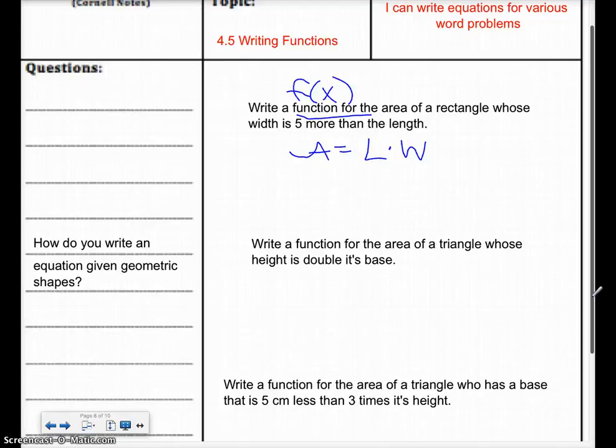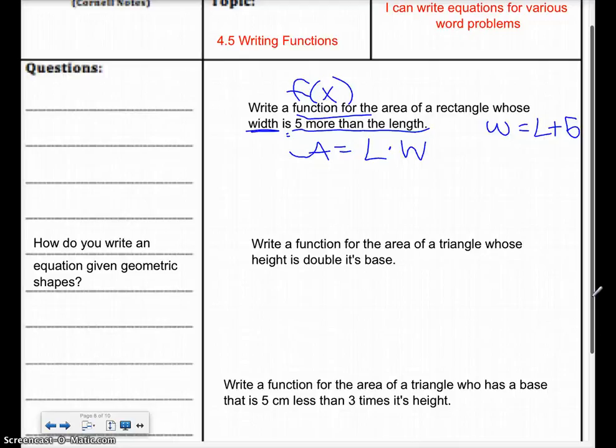It says whose width is, that's an equal sign. Width equals 5 more than the length. So length plus 5. Do you see where that came from? So I started with the original, and now I'm figuring out how I need to change it. Width is, that's my W, equals 5 more than the length, L plus 5. Now I have to change it.